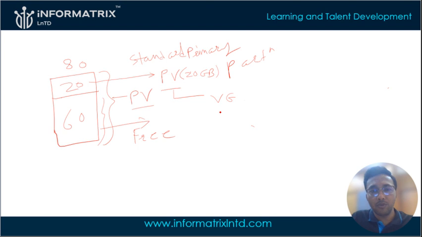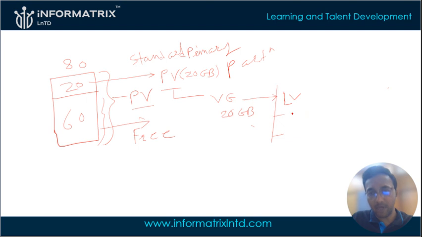Now this volume group size will also be 20 GB. From this volume group, I can create LVs, that is logical volumes. It depends on the size requirement for your partition. LVs are nothing but partitions, which we use with certain mount points. Let's take an example.